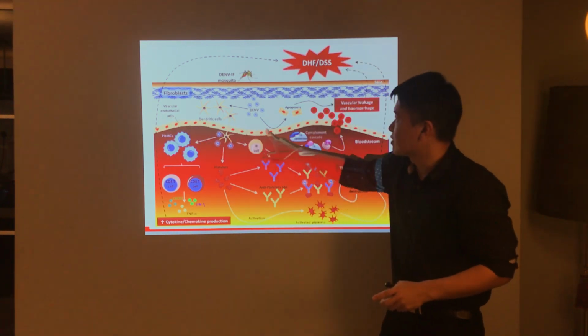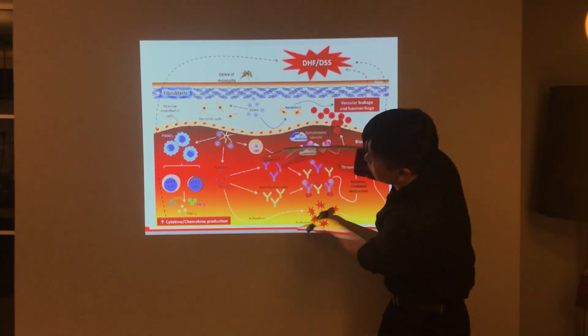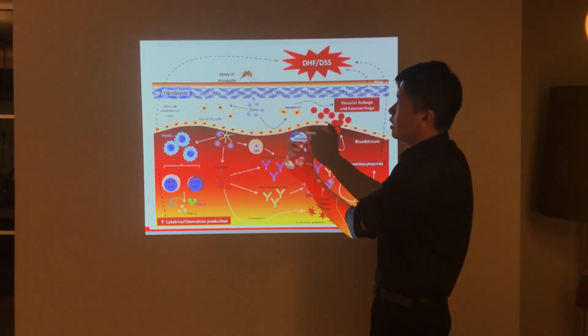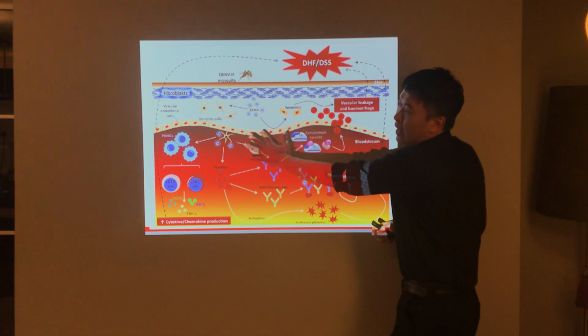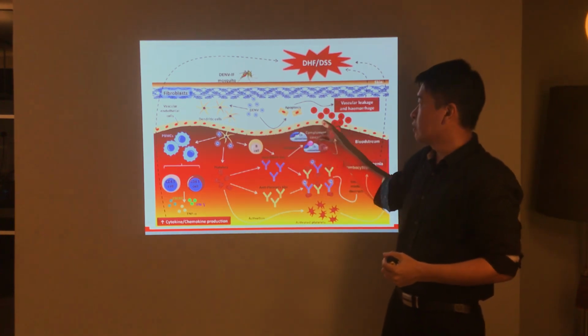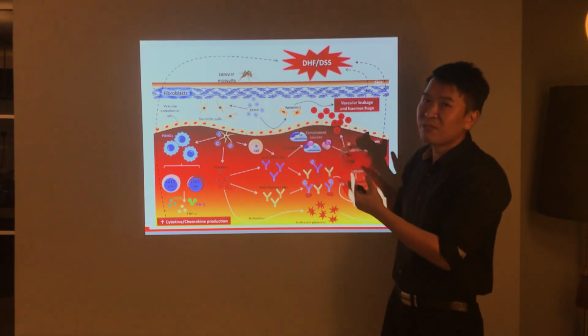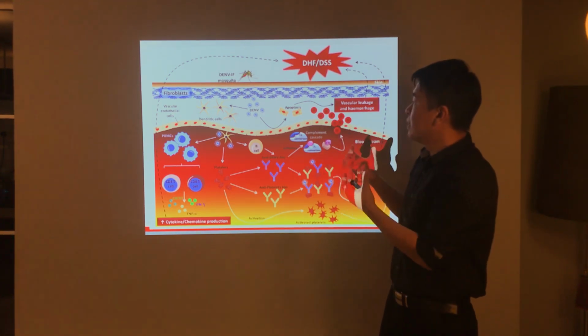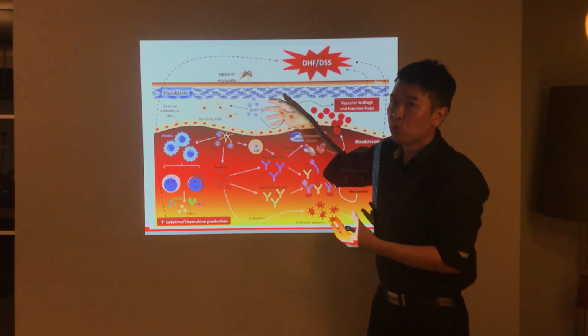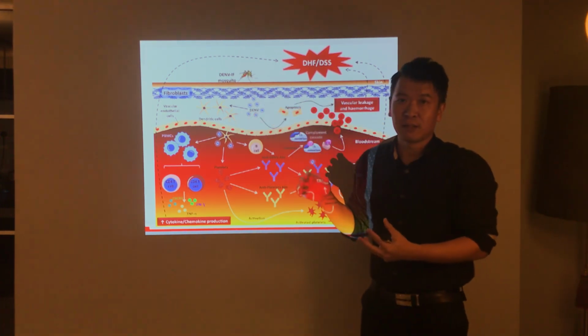This is one layer of cells. Alright, this is your blood vessel. So when the antibody starts to attack your endothelial cells, this makes the vascular endothelium leaky, which allows blood to leak out from your blood vessel.